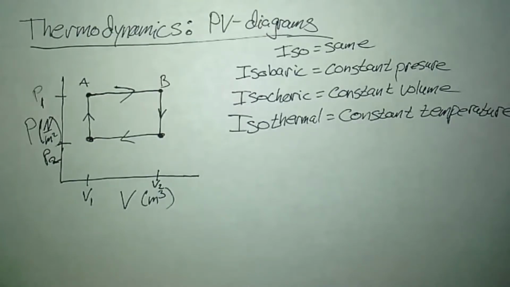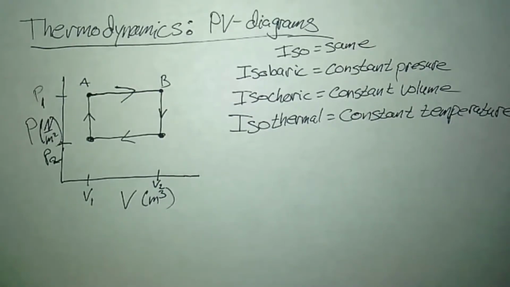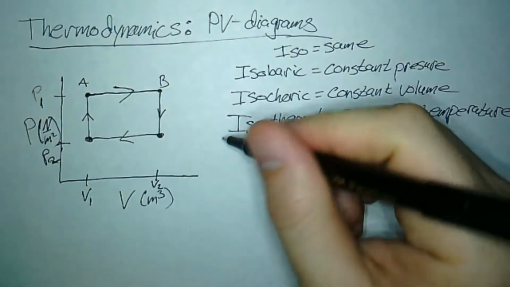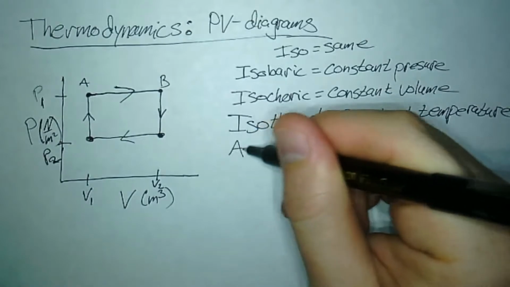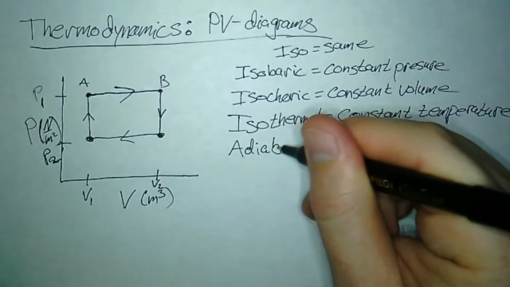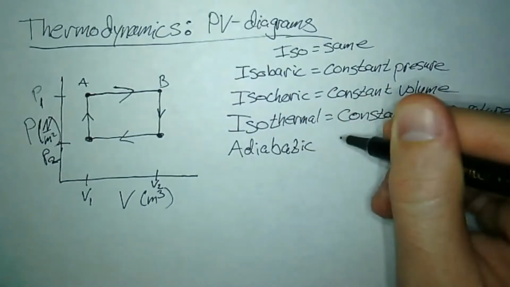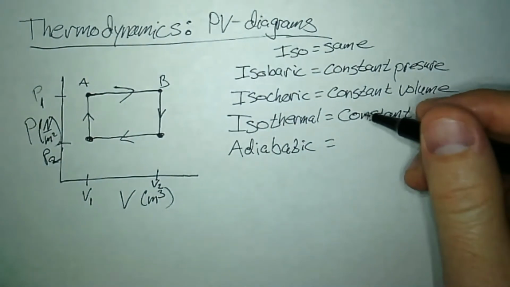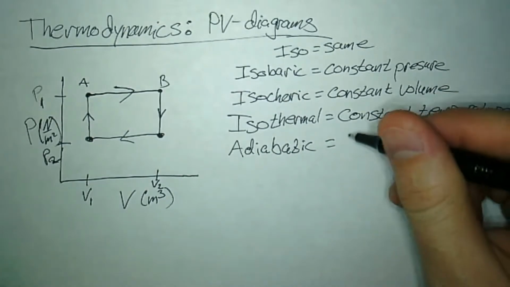And there's one other terminology which means constant something, because if you look at PV equals nRT, we're assuming that all of these are for a closed system, so the number of moles doesn't change. There's probably a term for that, but I don't know what it is offhand. But there's another term, which is a little bit different, and that's adiabatic, which in terminology sounds a little different, but that means you're not doing any work.